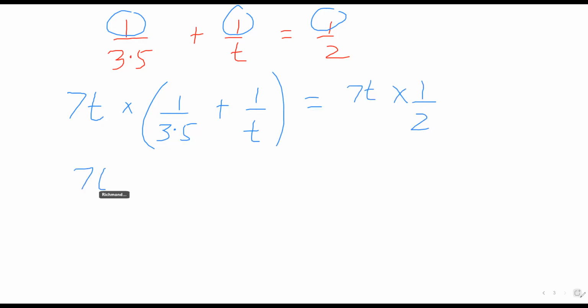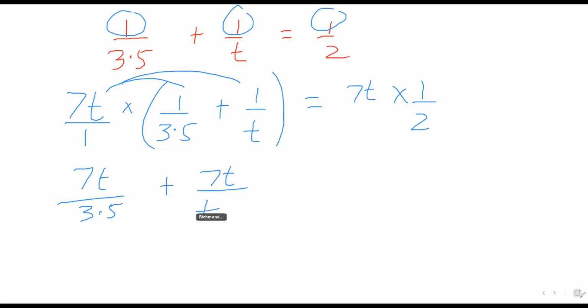So 7T, if I distribute it, times 1 over 3.5 will give you 7T over 3.5, plus 7T over T, equals 7T over 2.